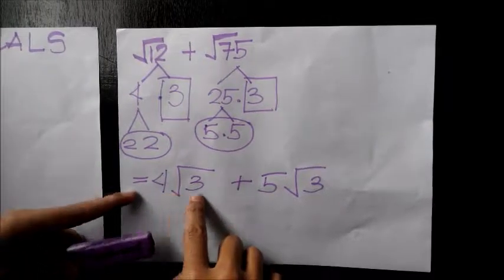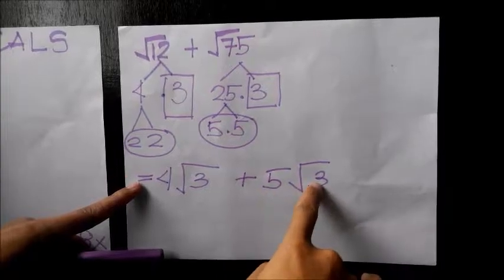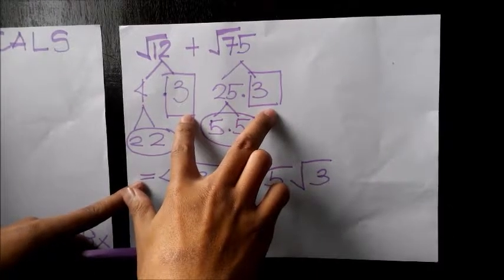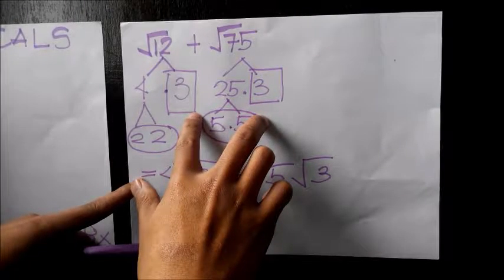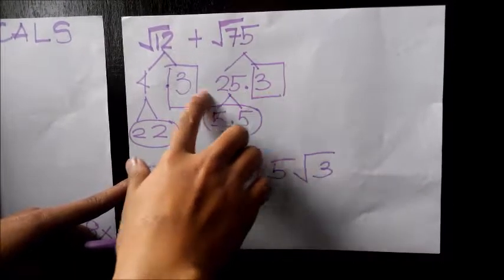We did this because we want the square roots to be the same, and as we noticed, 12 and 75 had the same factor.